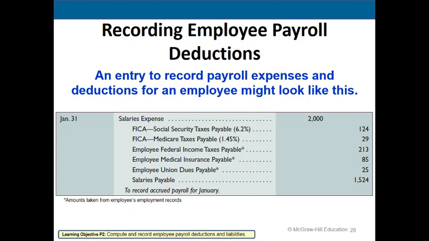You've got medical insurance payable, union dues payable, and whatever else is left is the salaries payable to that employee or employees. Now, in this case, it's just one employee, but it could be multiple employees.